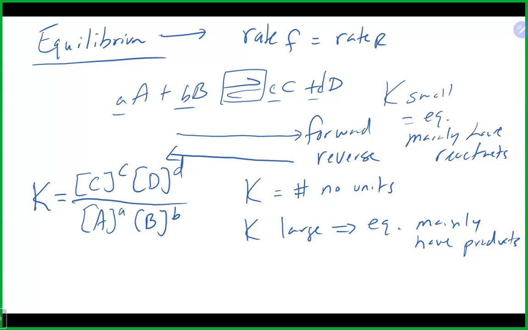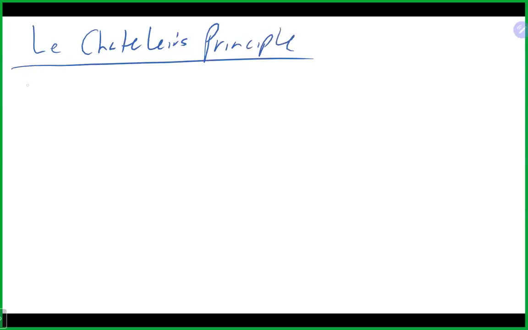And speaking of messing it up, that's what we finished talking about in this chapter, which was Le Chatelier's principle. The idea of Le Chatelier's principle is we have a system at equilibrium, and then you add a stress to it. And when you add a stress to it, it will mess up the equilibrium.